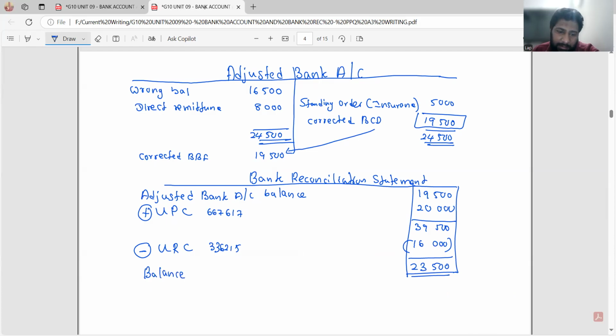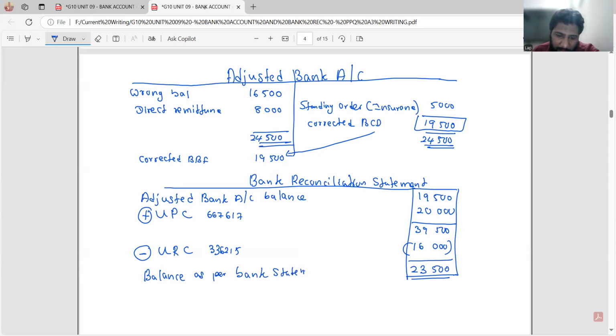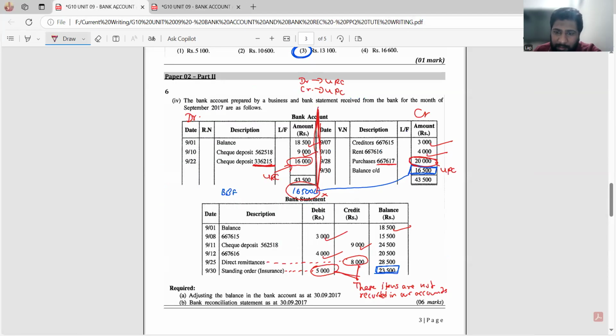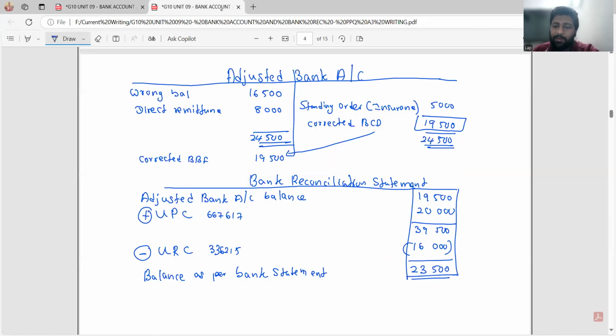Balance as per bank statement. So you see here, balance as per bank statement 23,500. That means our calculation is 100% correct.